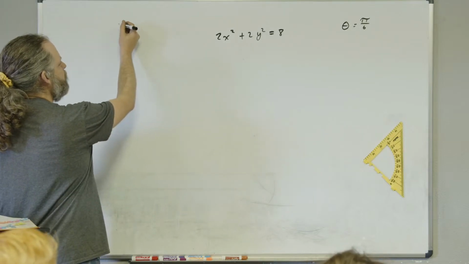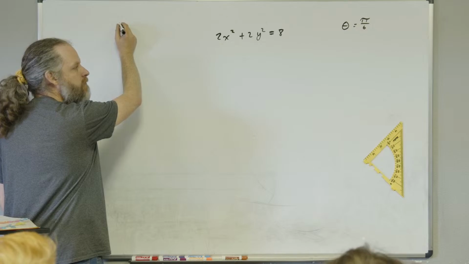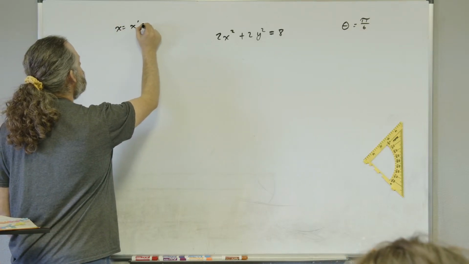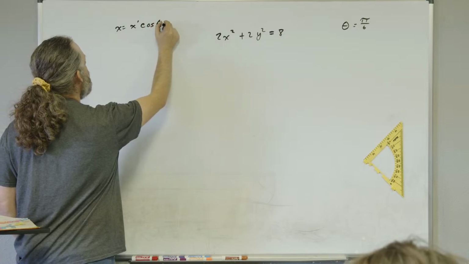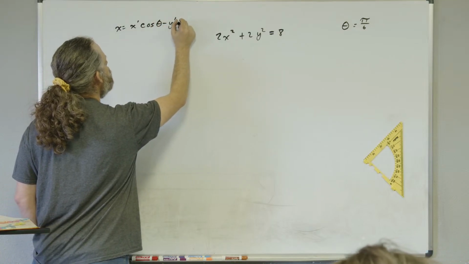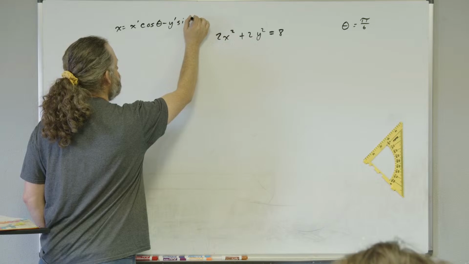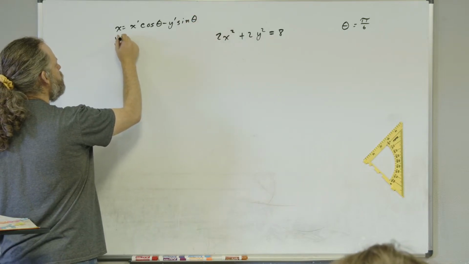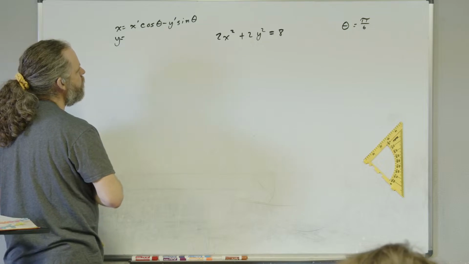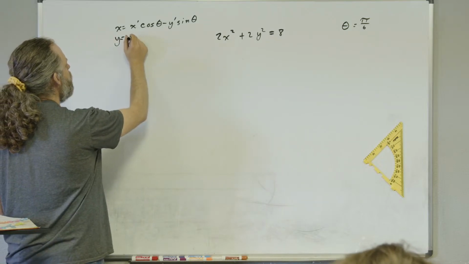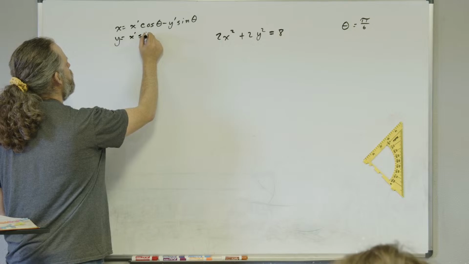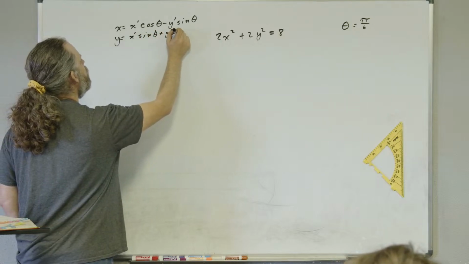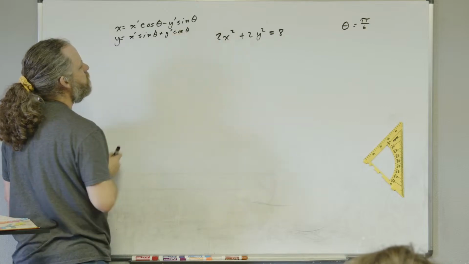So, what is it? x equals x prime cosine theta minus y prime sine theta. y equals x prime sine theta plus y prime cosine theta.